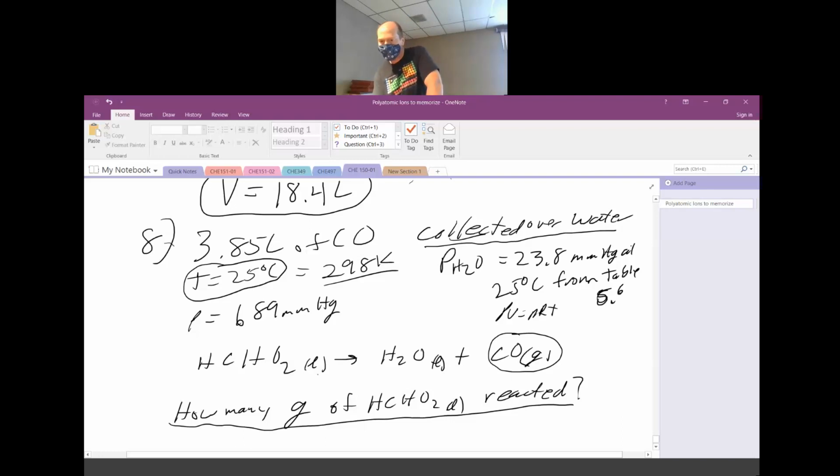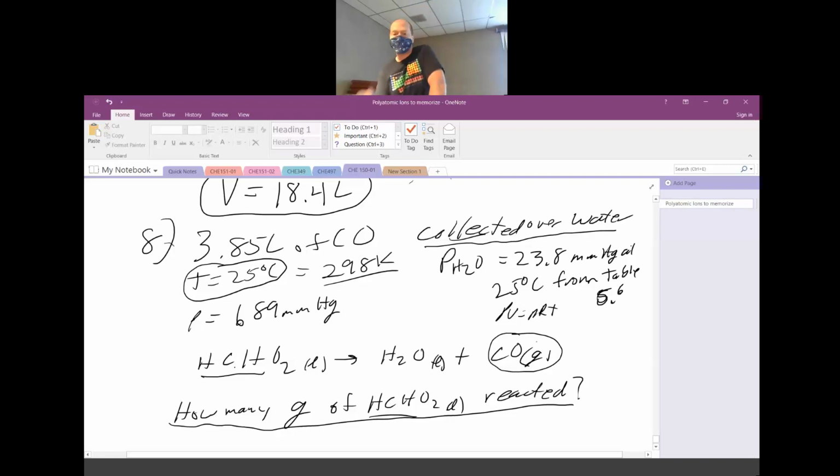That's a liquid, that's a liquid, that's a gas. The only time you can do volume ratios is when everything is a gas. Mole ratio from this gas to this liquid, which was the question. And once we have moles of this liquid and the formula, so we have the molar mass, we can convert moles into grams.